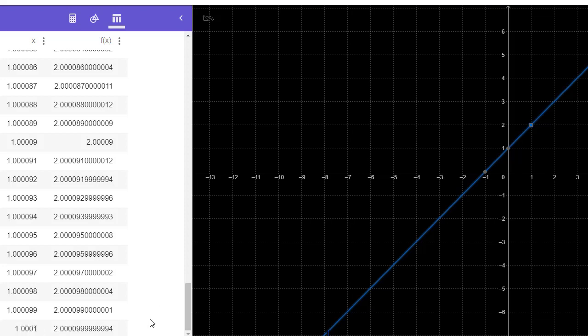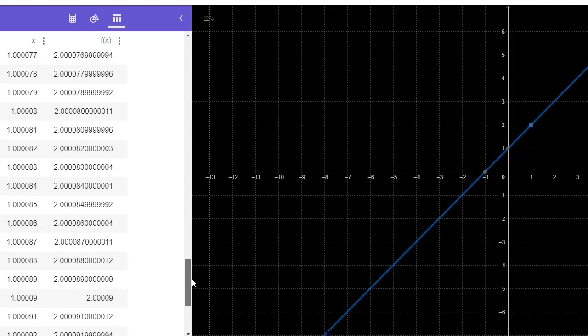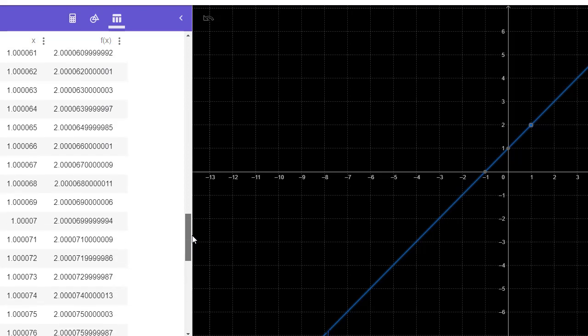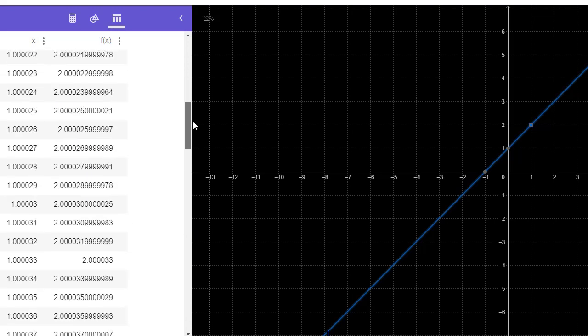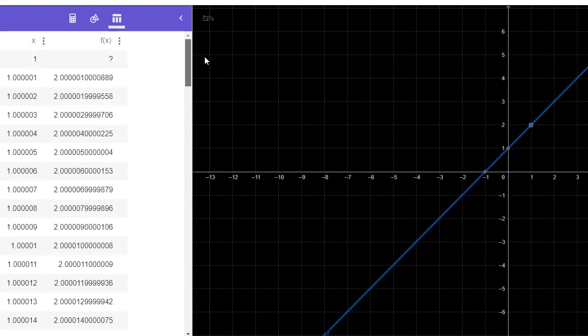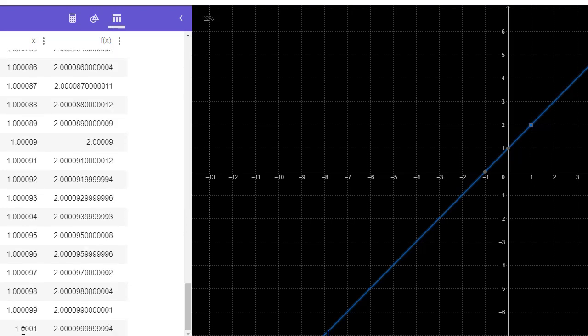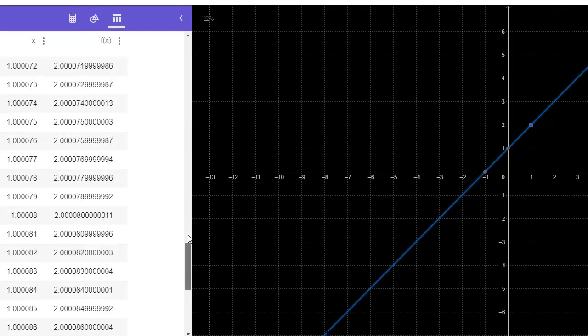Now we're going to start on the other side. Values greater than 1, like 1.0001, and get closer and closer to 1 from this side. So we're putting more and more zeros in.